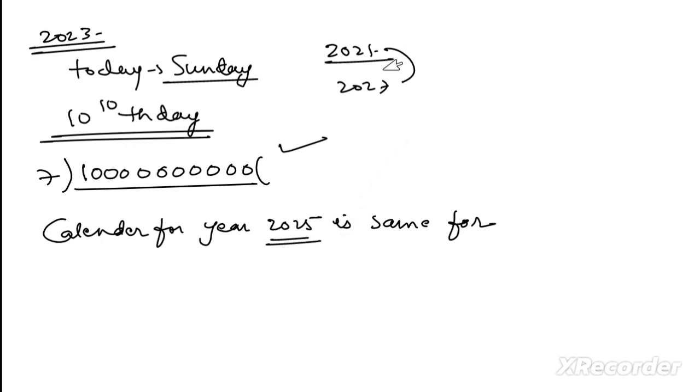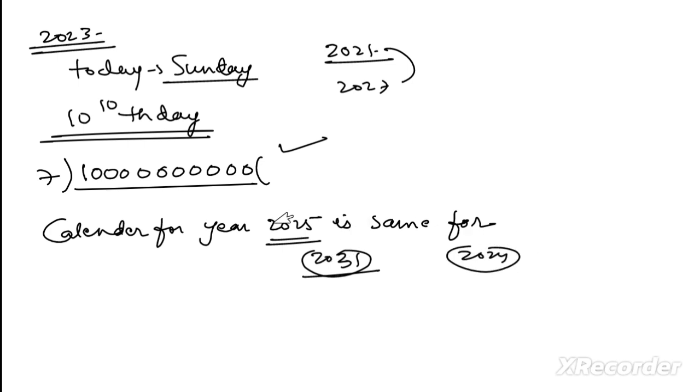Between the years we have to calculate the number of odd days. If you get the number of odd days as 0, then that means the year will be same. I am giving you the answer, it will be 2031. Try it yourself. And the next question is, okay, this one is from 2024.